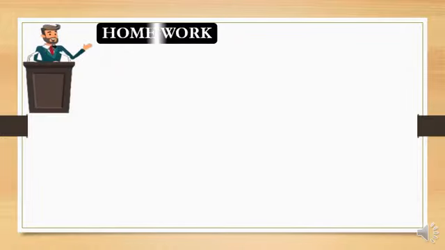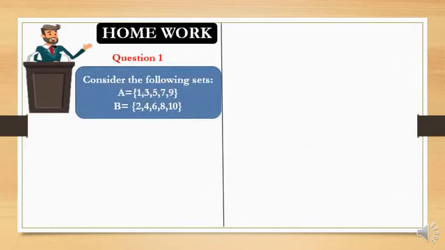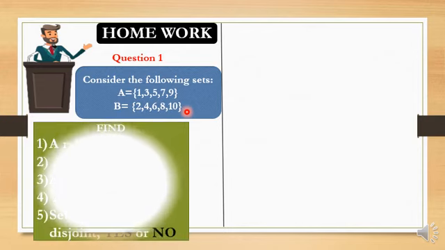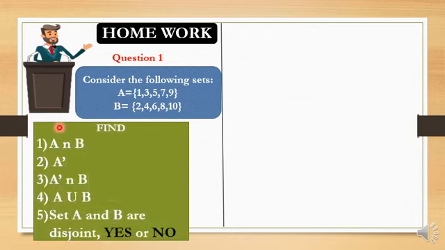Alright, like I said, I'm going to leave you with an assignment. This is your homework that you're going to do. It's going to have two questions. This is question 1. Consider the following sets: A is 1, 3, 5, 7, 9, B is 2, 4, 6, 8, 10. Find A intersection B, the complement of set A, A prime.